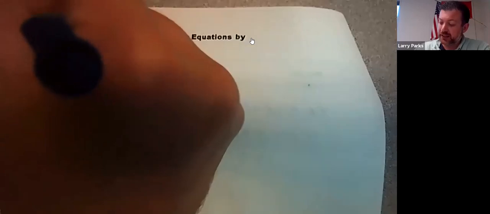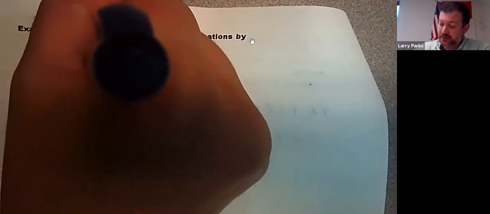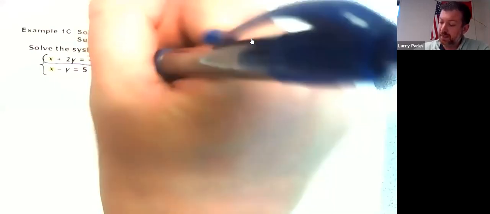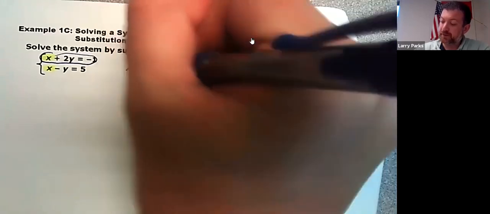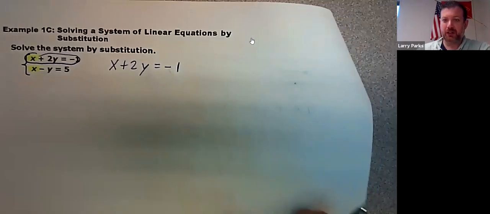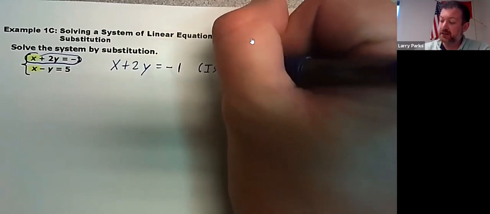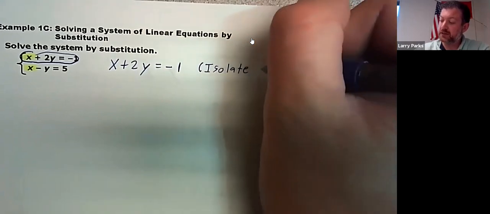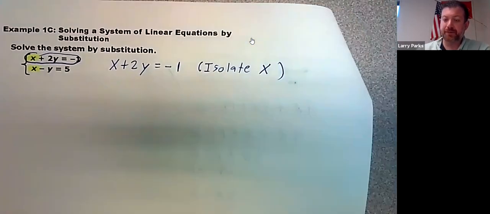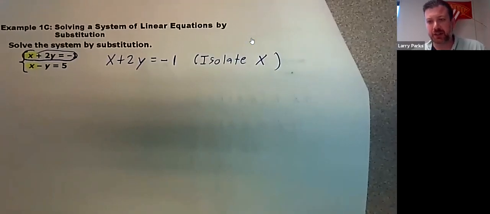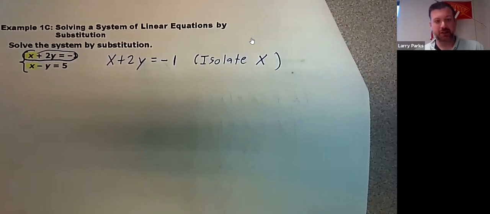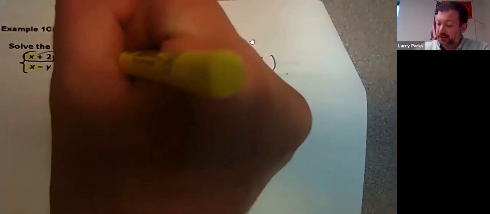So I'm going to take this. And my goal is to isolate for x. It does not have to be x, it could be y. Okay, so what I'm trying to do is I'm trying to get this by itself.